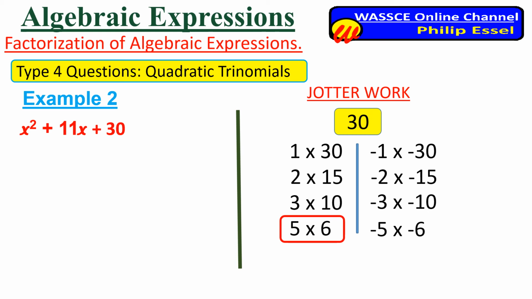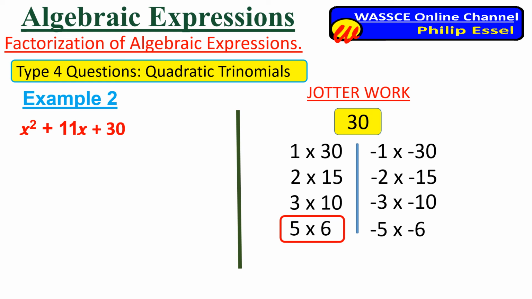So we are going to rewrite the expression given to us, but this time we are going to replace the 11, that is the coefficient of the x, by 5 plus 6. Remember, 5 plus 6 will still give us 11, so it doesn't really change the expression given to us.